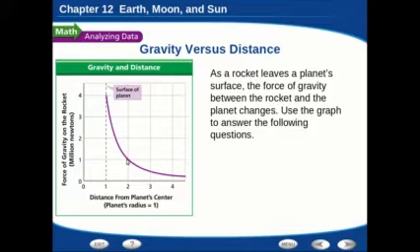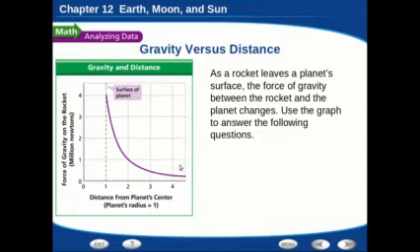So when we doubled our distance from the center of gravity, we divided our force of gravity by 4. So we doubled our distance, but our gravity decreased 4 times. So that should tell you something about distance and gravity. Namely, that doubling the distance reduces the force of gravity by 4 times.